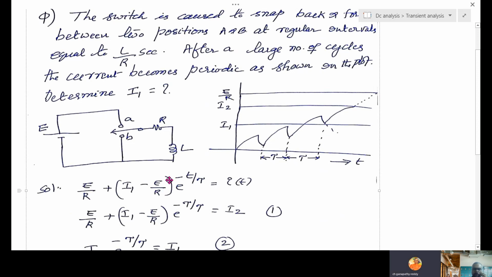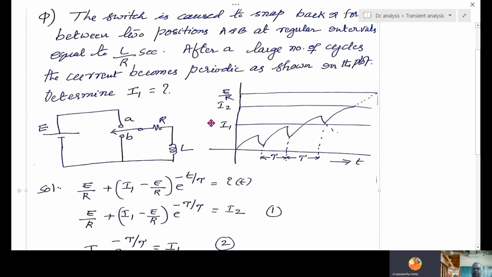So the logic, carefully understand this. This is increasing exponentially. When the switch is connected to A, the current is going towards a final value of E by R. It starts with I1.